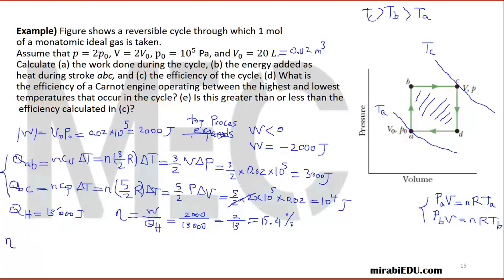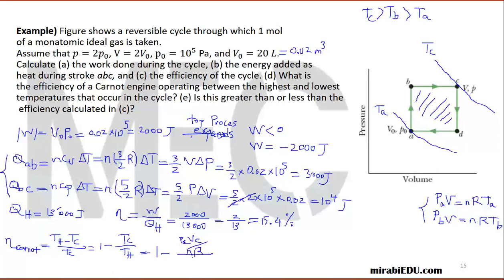So Carnot efficiency is Th minus Tc over Th, or we can write 1 minus Tc over Th. In Tc, because the ideal gas law is applying, I can write Pc Vc over nR.